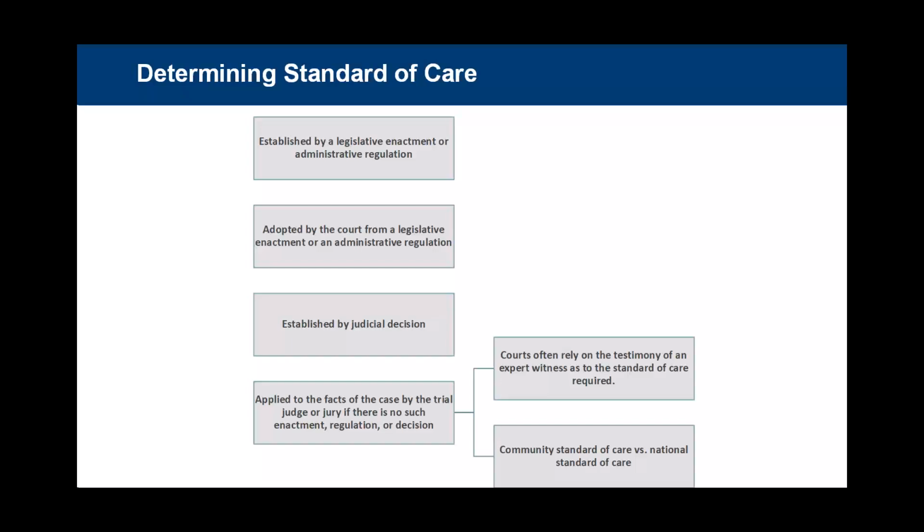For example, the FDA sets specific standards for pharmaceutical manufacturing, adopted by the court. Courts may adopt standards derived from existing laws or regulations. If a statute specifies certain healthcare procedures, courts use these as benchmarks for acceptable care.